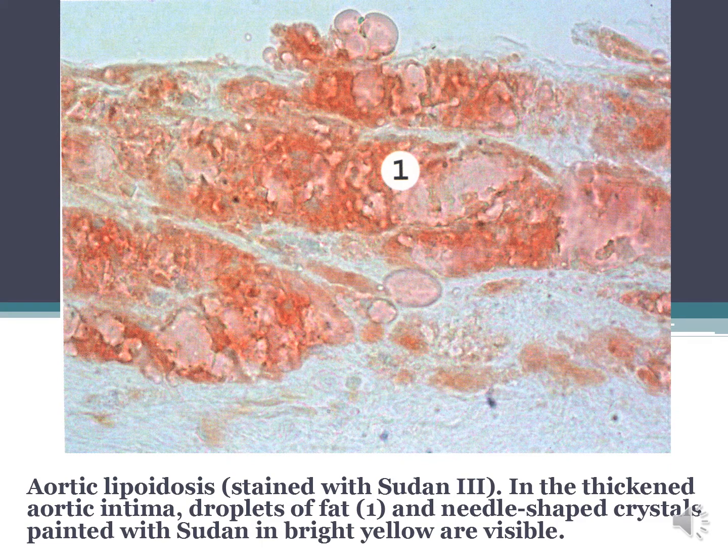Aortic lipidosis: we see the staining of the aorta tissue by Sudan III. And in the thickened aortic intima, we see droplets of fat and some crystals which are stained with Sudan in bright yellow-orange color.